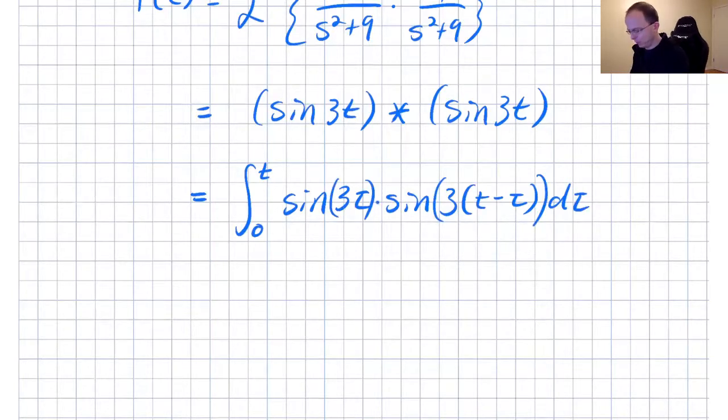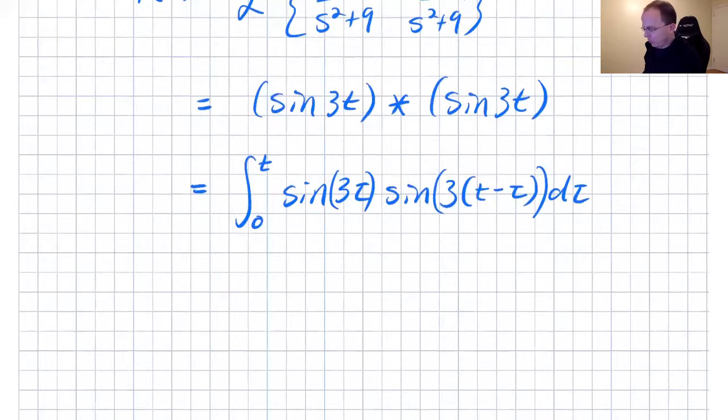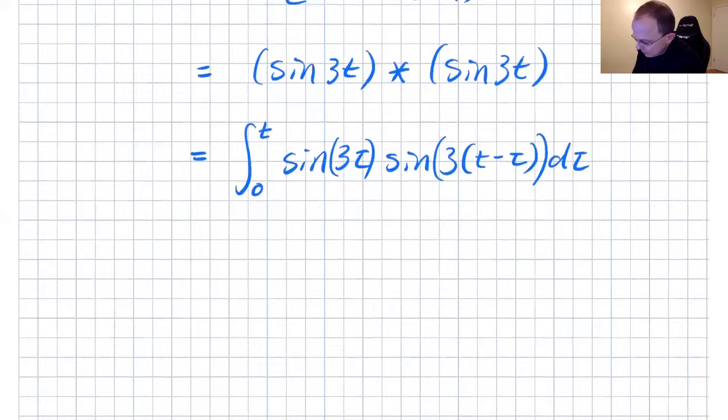Okay, so this is the integral we wanted to use. Now, this type of integral requires us to use a certain trig identity in order to do it. So there are these special trig identities called product to sum trig identities. So we have a product of trig functions here, and we want to write down a sum of trig functions and then integrate that.